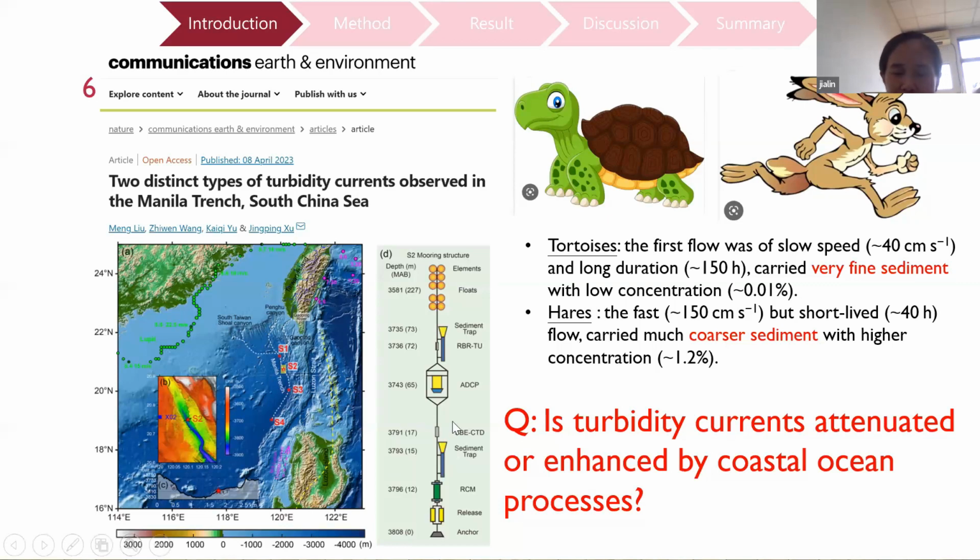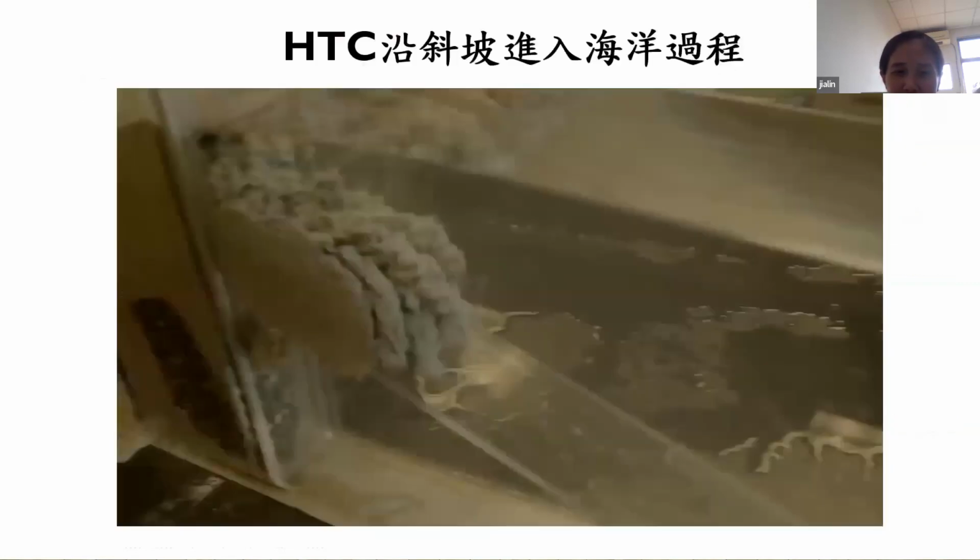And they also cannot tell us the details of how the ocean current or waves are going to affect the propagation of those density currents. Is the density current going to be enhanced and become stronger in the ocean, or is it going to be decreased because of the interaction with those oceanic processes? So that's what we want to further study.